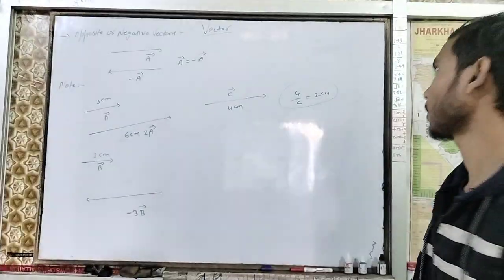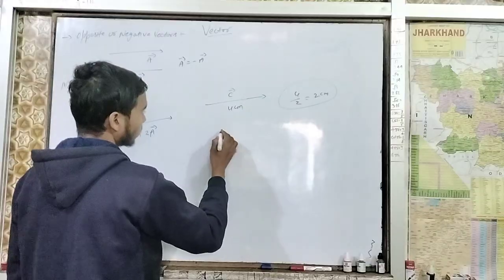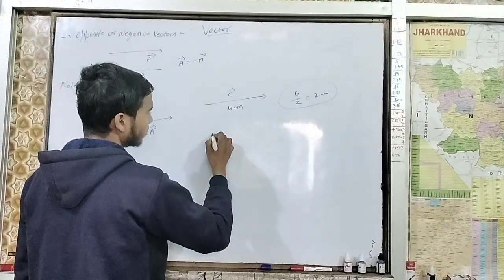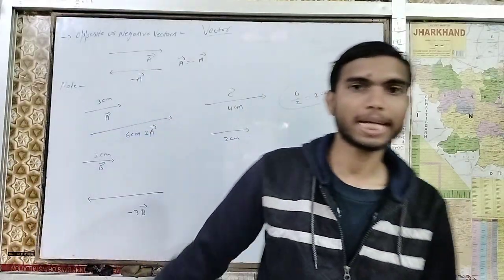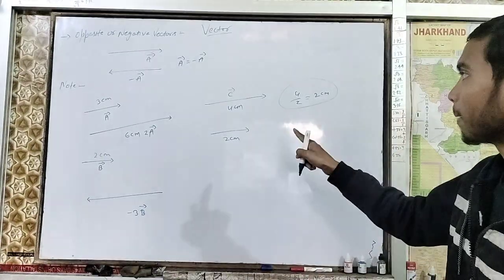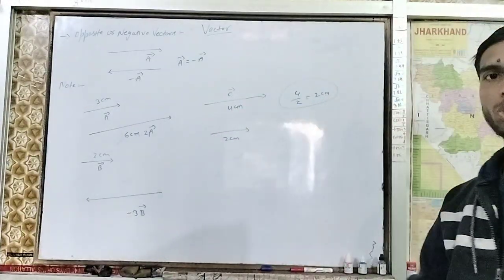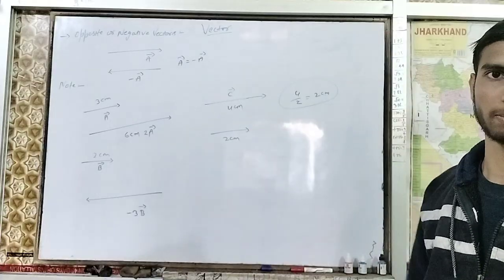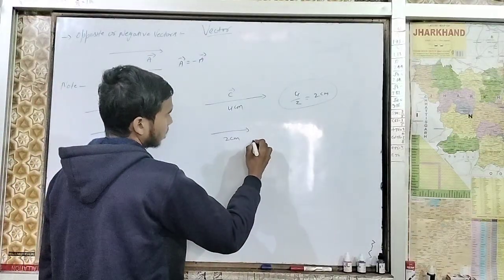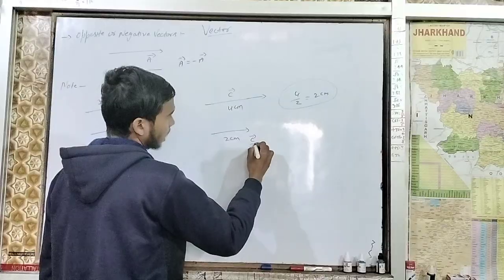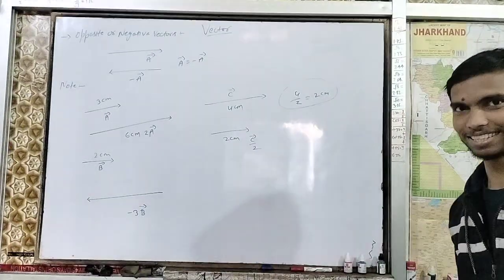If you draw it, the direction will be the same, just the length will decrease to 2 centimeter. It happened when we divided 4 by 2. Now you can write it like this: C vector by 2.